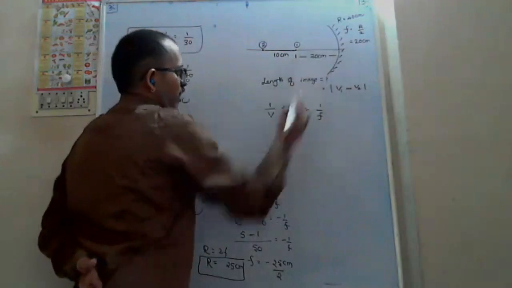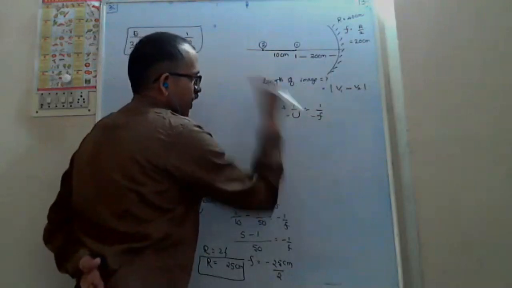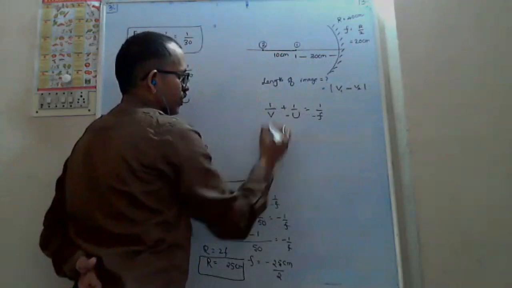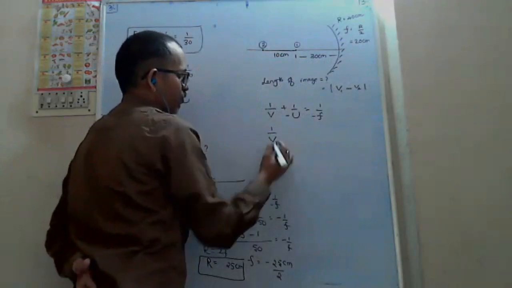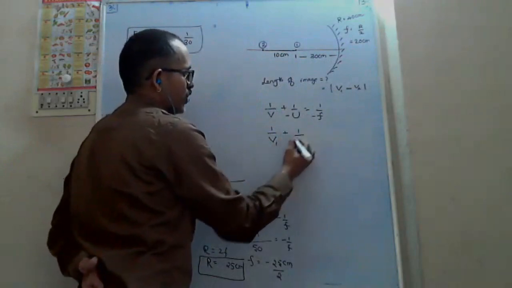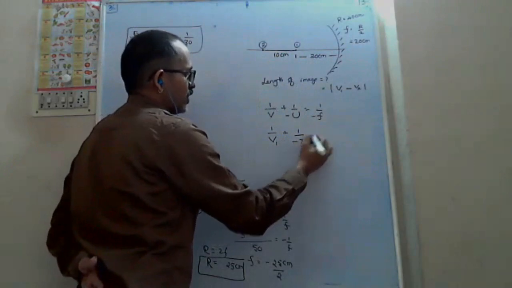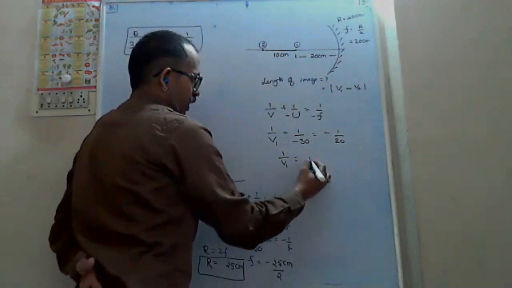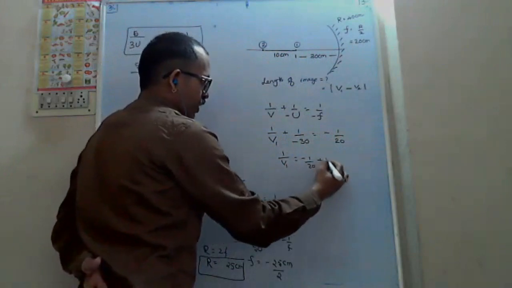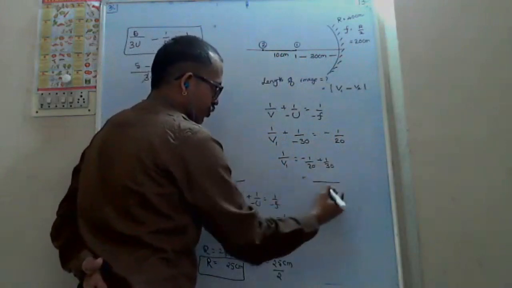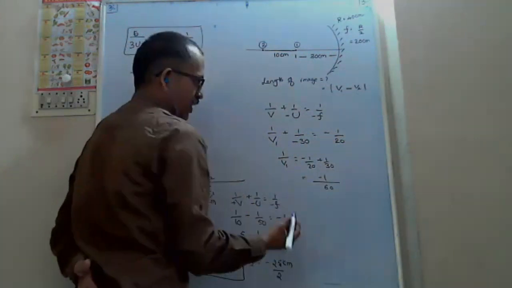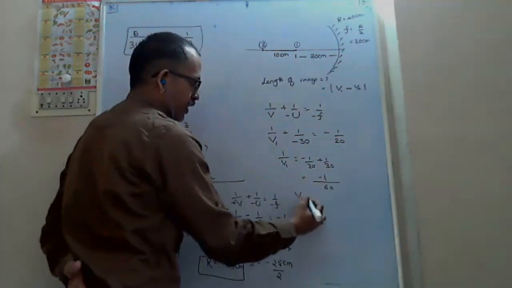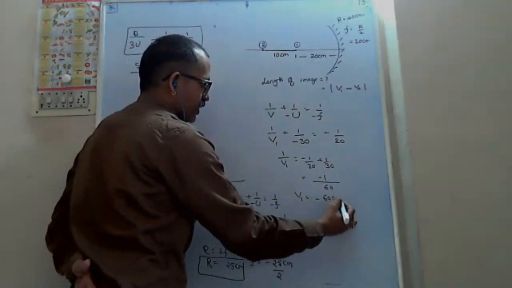U is greater than F. So here sign conventions I apply. 1 by V1, first position, plus 1 by U, minus 30, equals minus 1 by 20. Equals minus 1 by 20 plus 1 by 30. So this is minus 1 by 60. So V1 equals minus 60 centimeters.